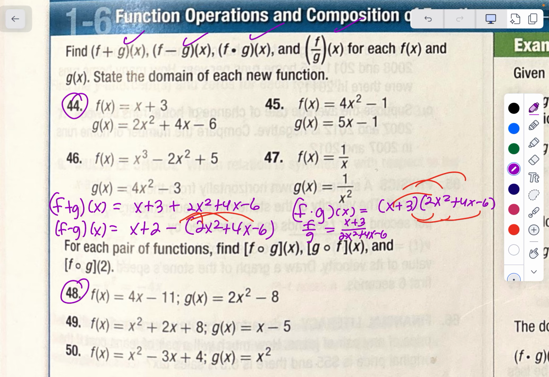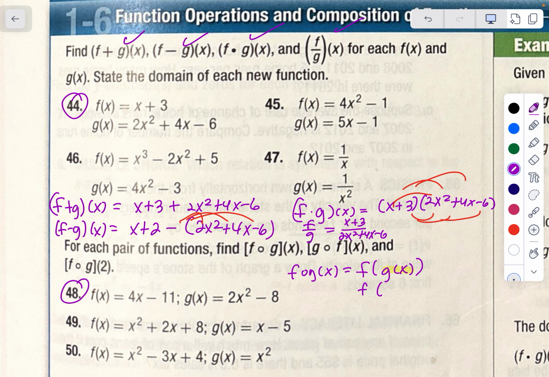Now, 48 says to find f of g of x, g of f of x, and f of g of 2. Now, I don't think I'll have time to do many, but f of g of x. We're going to take the f function and plug in g of x. Many of you wrote this notation on the test correctly, but then that last execution you didn't do right.